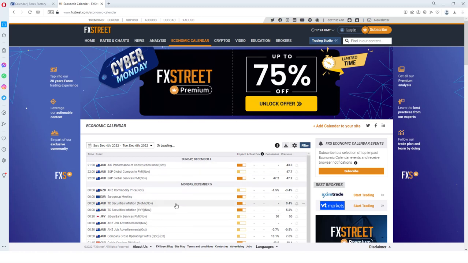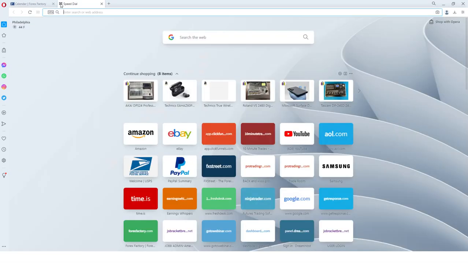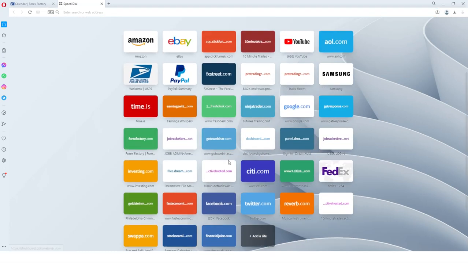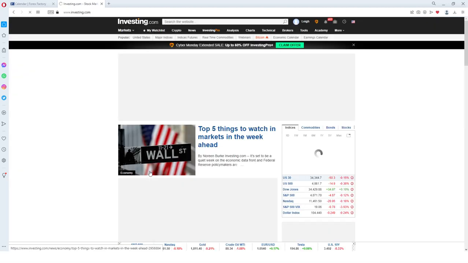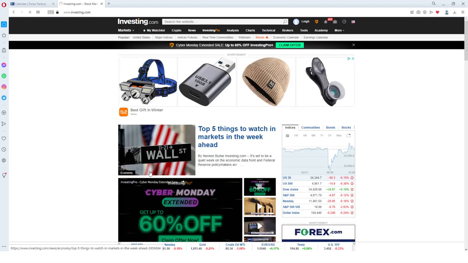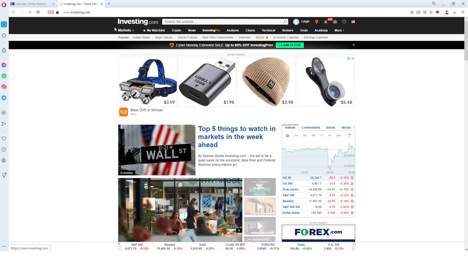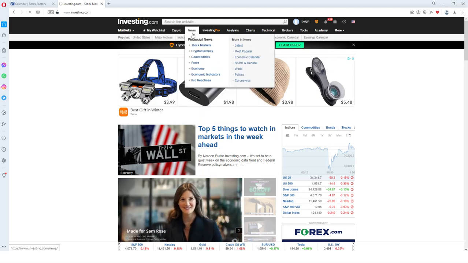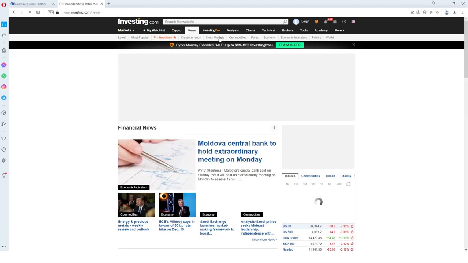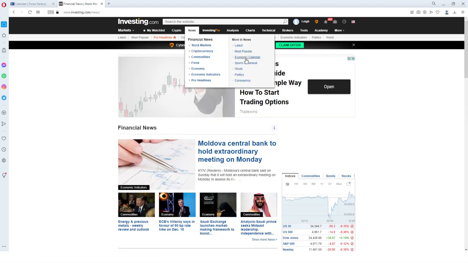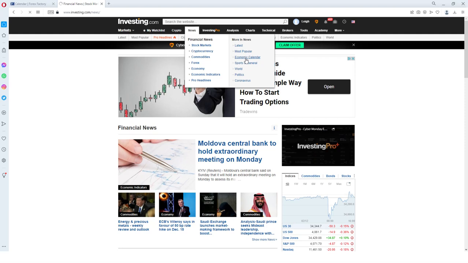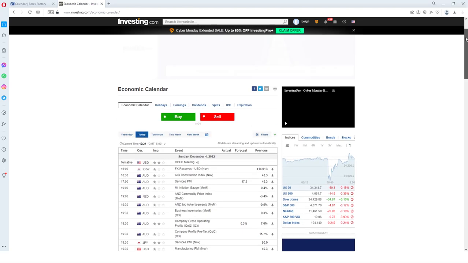And then my favorite free calendar in addition to Forex Factory, everybody should use investing.com. I explained it a little bit in one of the previous classes. Go to investing.com, okay, www, obviously, click on news, and then click on economic calendar, okay, and then scroll down a little bit and click on this week.